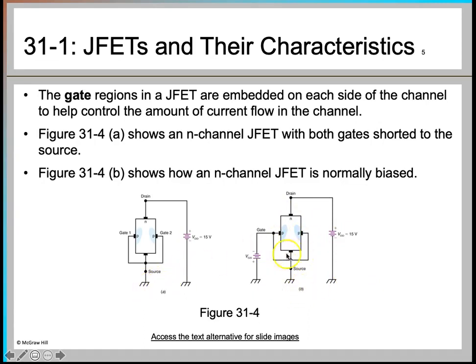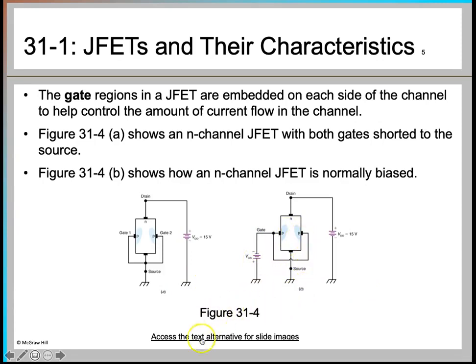The pinch-off voltage in this case will be reached early, compared to the pinch-off voltage in this particular case. And the reason is that we are applying the negative voltage through the gate, due to which the pinch-off condition is reached early in this second case.